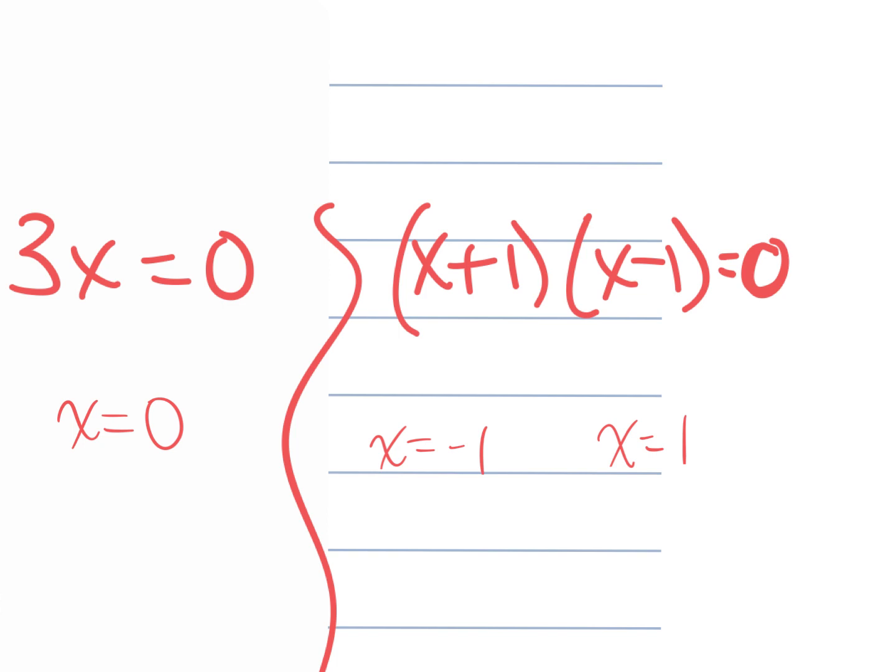So essentially what we're doing, what the zero product property says, and it's really cool, is that if two things are multiplied by each other and set equal to 0, you can set each of them equal to 0. So we got x equals negative 1 by saying x plus 1 equals 0. And we got x equals positive 1 by saying x minus 1 equals 0. You're just setting each of your factors equal to 0.